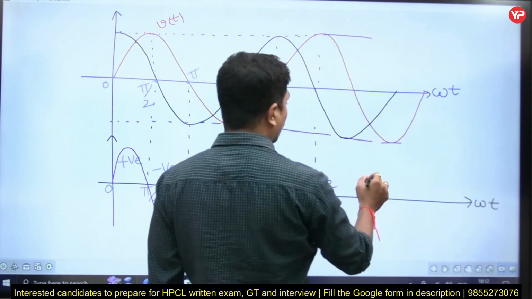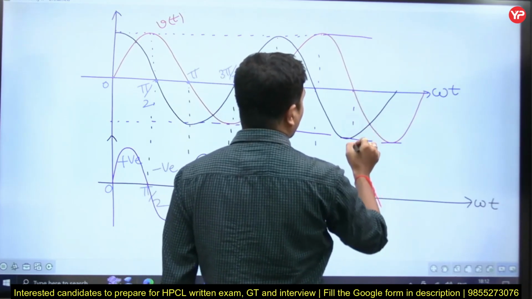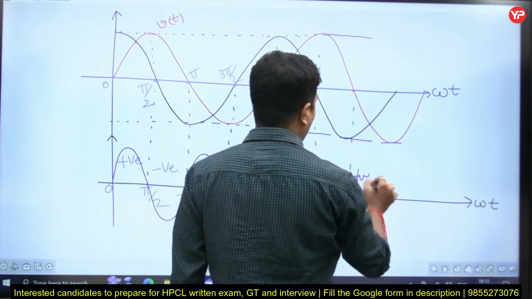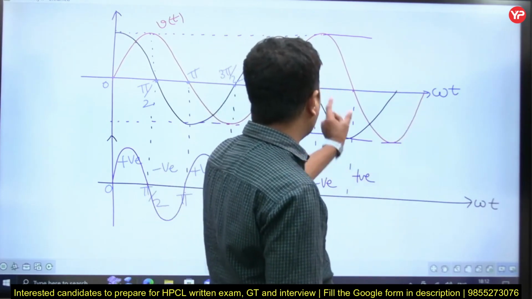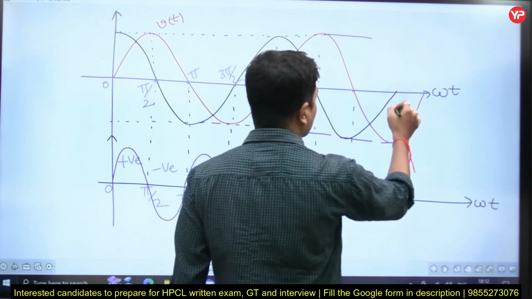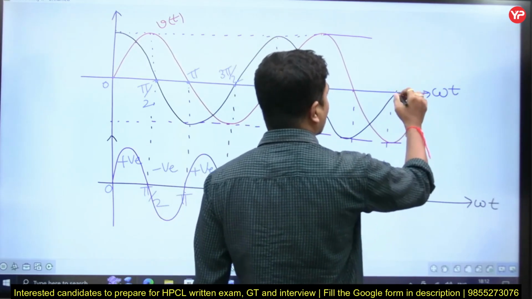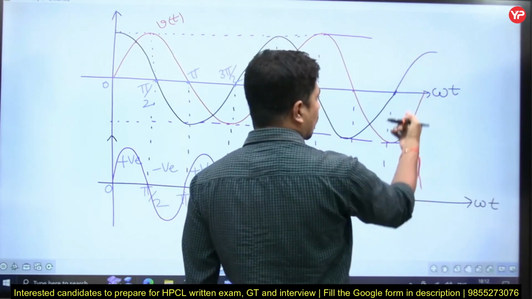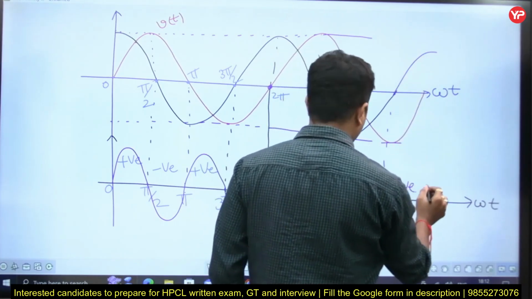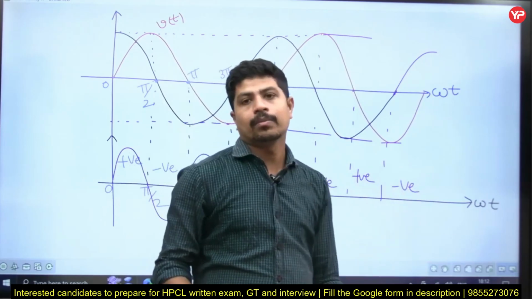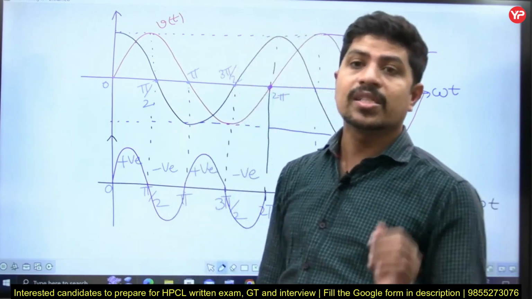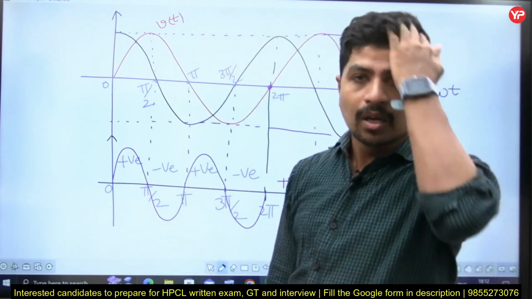After that, negative, negative is positive. This is the third quarter cycle, and this is the fourth quarter cycle. Voltage is negative, current is positive, this is negative. Positive, negative, positive, negative. Yes, the power frequency is double that of the voltage or current frequency.